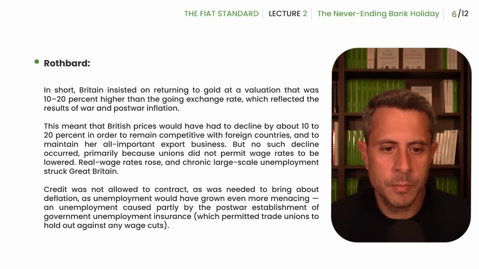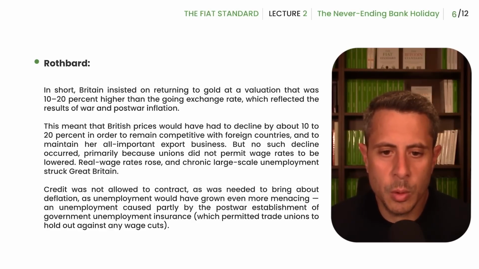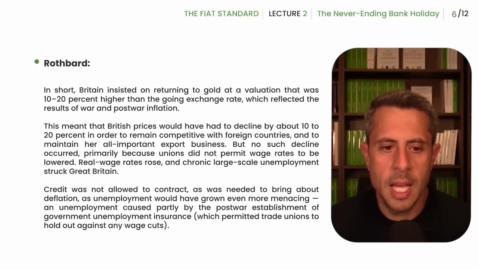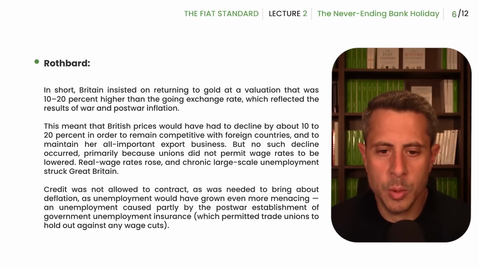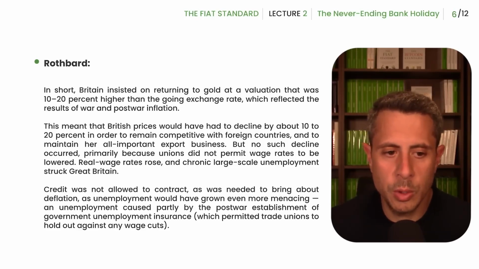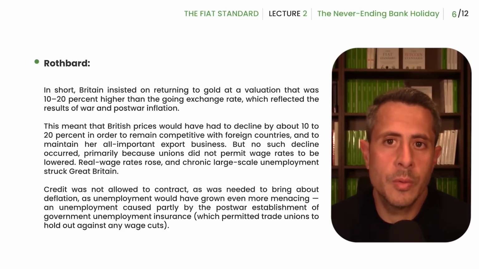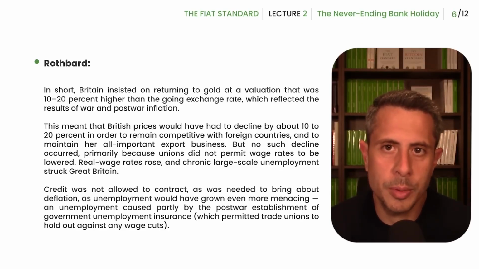delay the reckoning and delay the inevitable. And so, as Rothbard continues, credit was not allowed to contract, as was needed to bring about deflation, as unemployment would have grown even more menacing. And unemployment caused partly by the post-war establishment of government unemployment insurance, which permitted trade unions to hold out against any wage cuts. So they could not stop credit expansion.